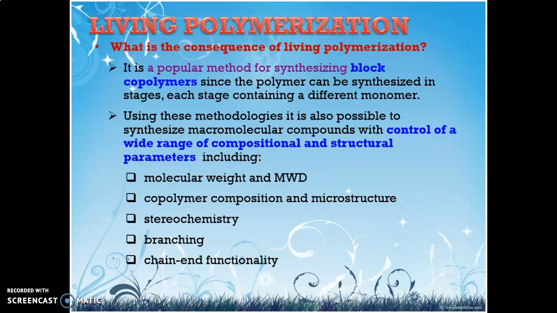What are the consequences of living polymerization? It is a popular method to synthesize block copolymer, which is styrene butadiene rubber. Using this method, it is possible to synthesize macromolecular compounds with control of a wide range of compositional and structural parameters, such as molecular weight and molecular weight distribution, copolymer composition and microstructure, stereochemistry, branching, chain end function.